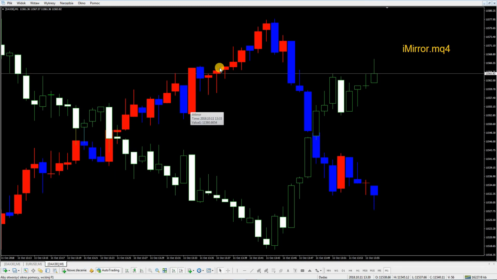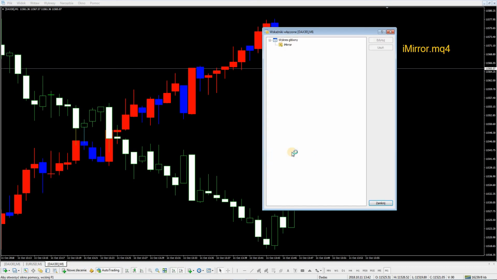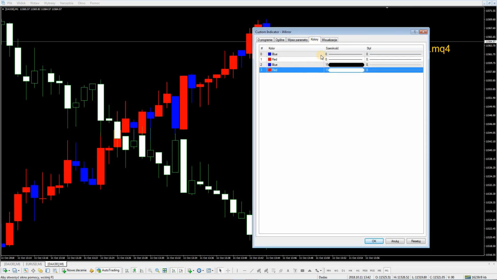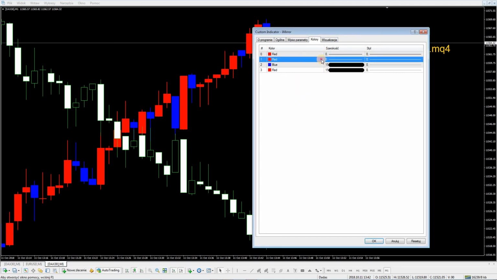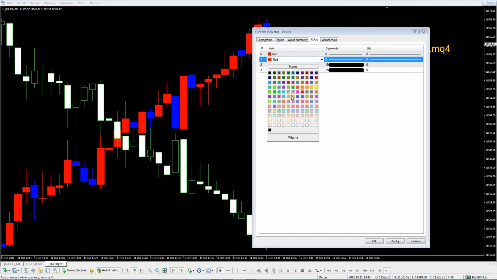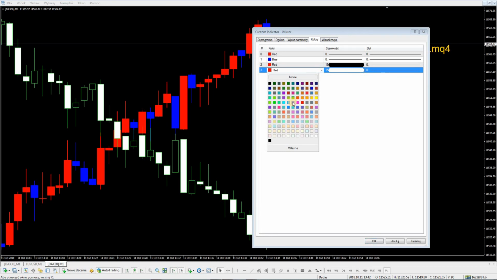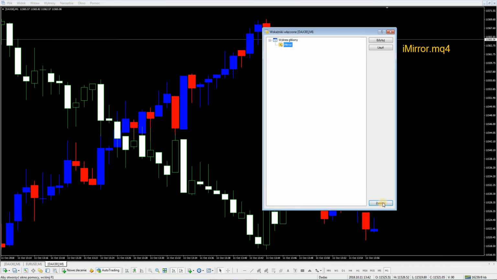Well, the colors are the other way right here, so I can change that in the indicator. Let's see if we can change that right here in the colors. Yeah, of course we could change the colors right here. In other words, blue, red, blue, red, blue.